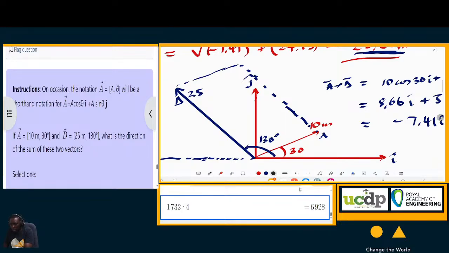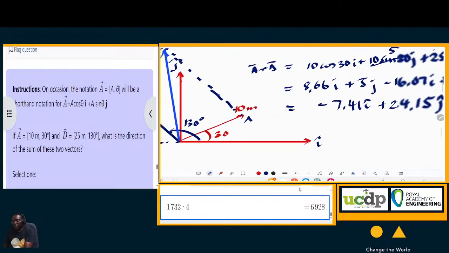Yeah, blue, nice. So you get a vector to that point, which is vector A plus D. That's basically how you do it with the drawing. You draw a parallelogram of vectors there, and you find the vector A plus D with its direction.